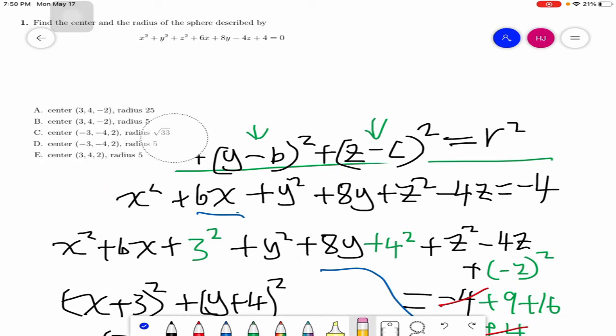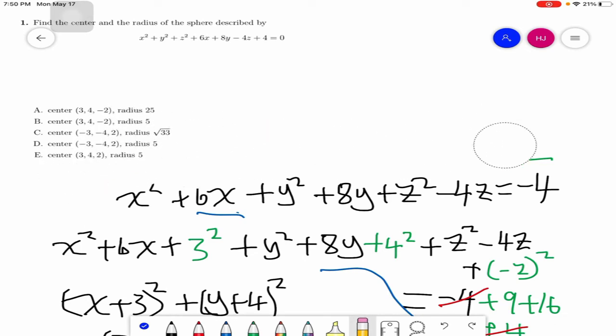And the 5 would be our radius. So in this case, we had -3, -4, and 2, and then the radius was 5. So D will be the answer.